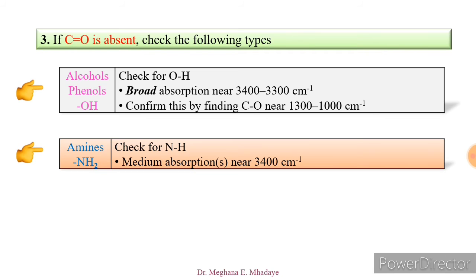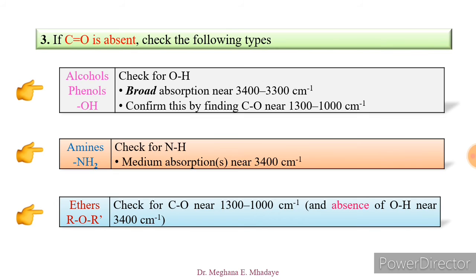Amines, that is NH2 functional group. Check for NH medium absorption near 3400 cm inverse. Ethers, check for CO near 1300 to 1000 cm inverse and absence of OH near 3400 cm inverse.